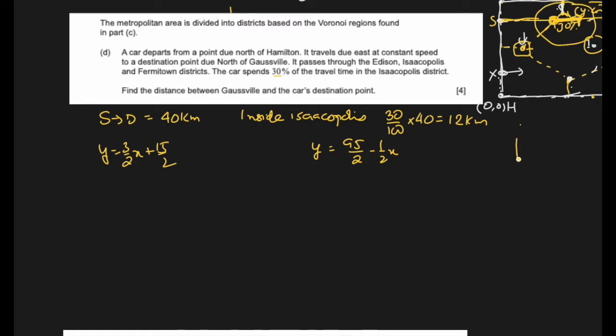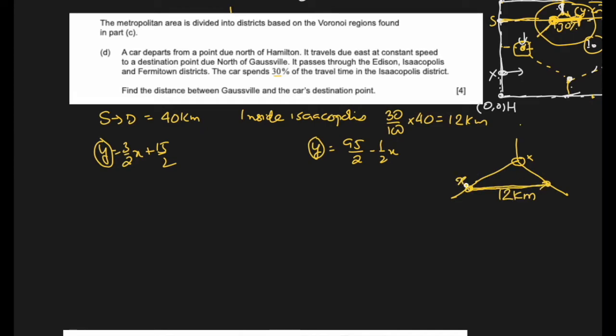Okay, this is the line coming from top, this is going there, this is going here, and the distance from here to here is 12 kilometers, correct? If I equate this y and this y, we will get the x coordinate of this point, which we do not want. We want the x coordinates of these ones when their y is the same and their x values are 12 kilometers apart.